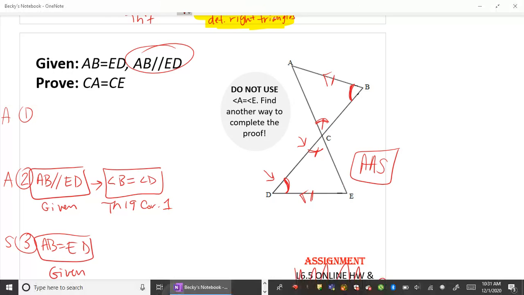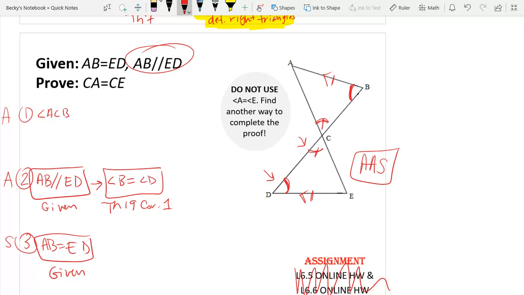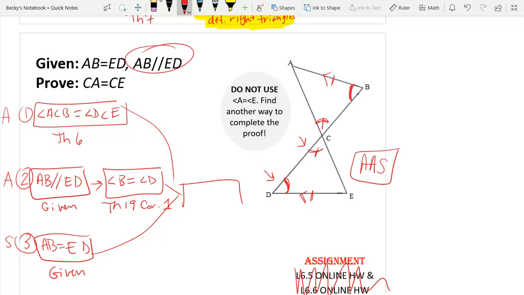Now, I need to write my verticals. You have to use 3 letters. ACB is equal to DCE. All right, hopefully we know which theorem, not definition, theorem tells us about vertical. That is theorem 6. Now we're ready to write our congruency statement. First triangle doesn't matter. I'm just going to say ABC. My pen will work.